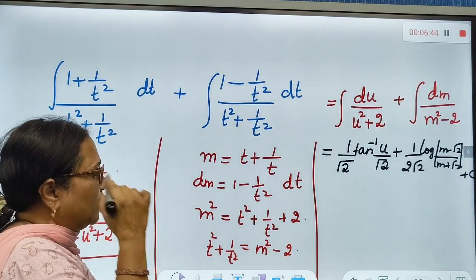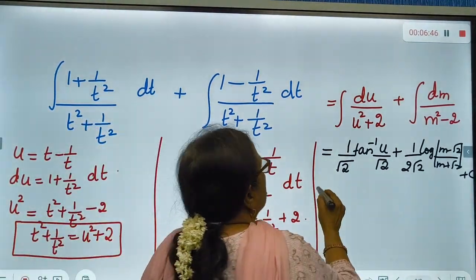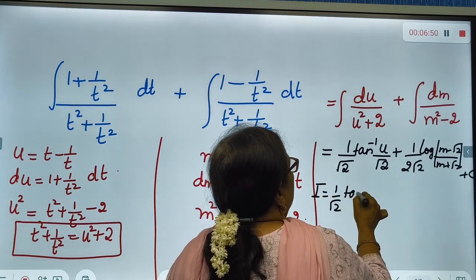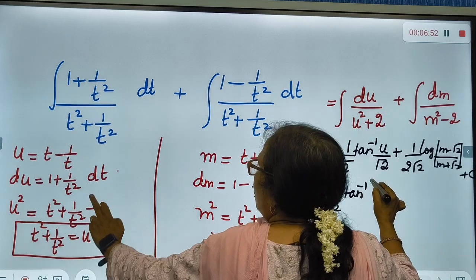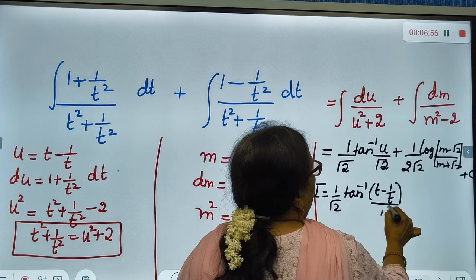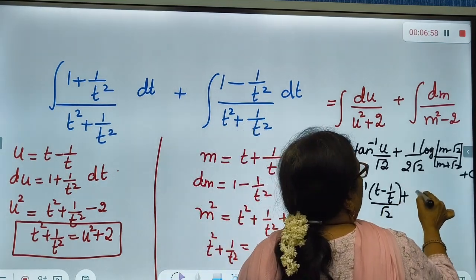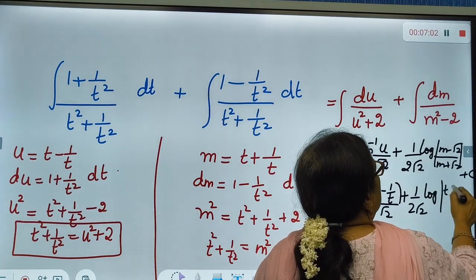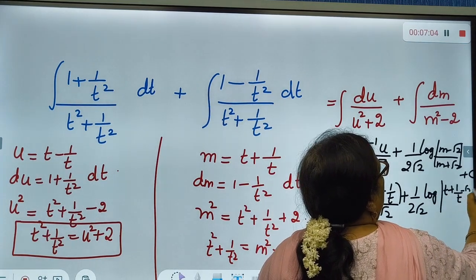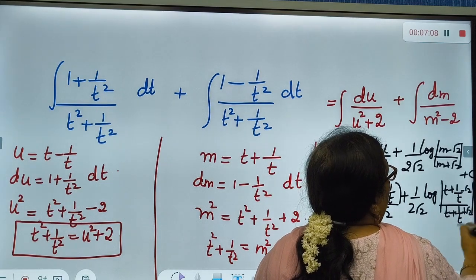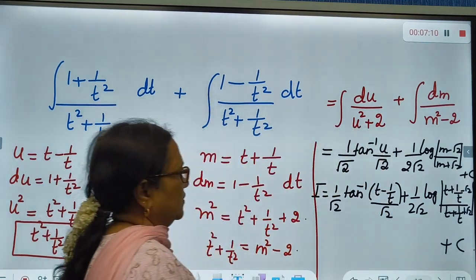Now we have to substitute back for u and m. So I will be 1 by root 2 tan inverse, what is u? t minus 1 by t by root 2 plus 1 by 2 root 2 log mod of t plus 1 by t minus root 2 by t plus 1 by t plus root 2 plus c.